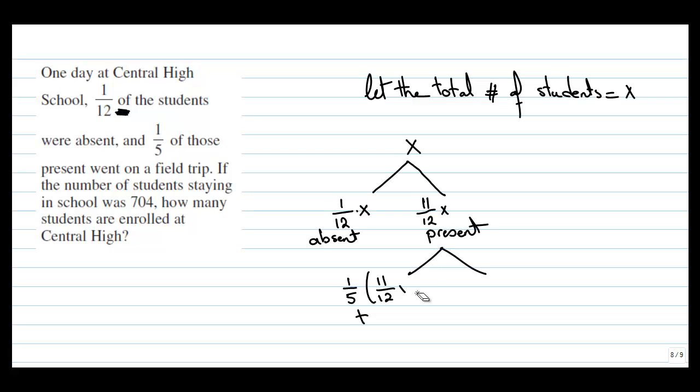Just fix the parentheses here. Yep. They went on a trip, all right? And they say if the number of students staying in school was, okay, now 1/5 went on a trip, it means 4/5 of the students stayed in the school, right?